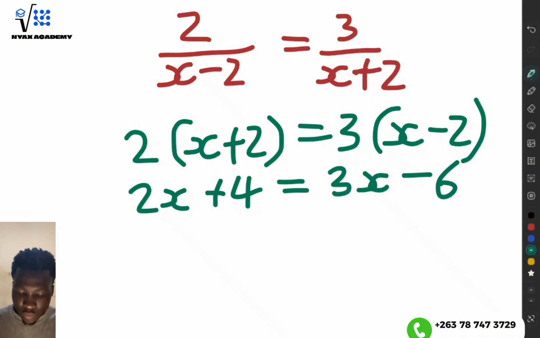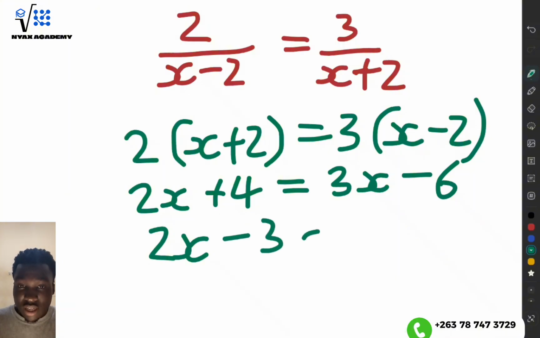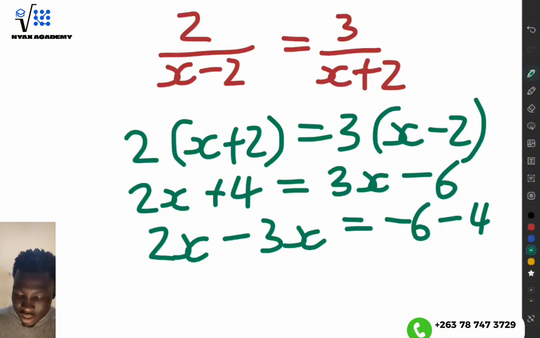So we're going to say on the left hand side we keep the x terms and on the right hand side the constants. The 2x stays, the positive 3x moves across and becomes negative 3x, equating to negative 6, and the positive 4 moves across and becomes negative 4.